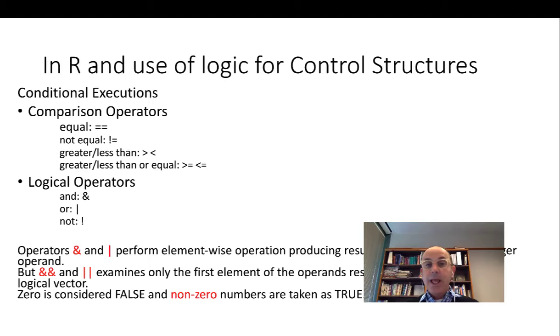So the issue here is that in R, the use of logic for control structure is when we are going to say equal, not equal, greater or less or equal to, and this is the syntax that I'm using. So the logical operators in this case are the signs of and, or, and not, and in this case 0 is considered to be false and non-zero numbers are taken as true.